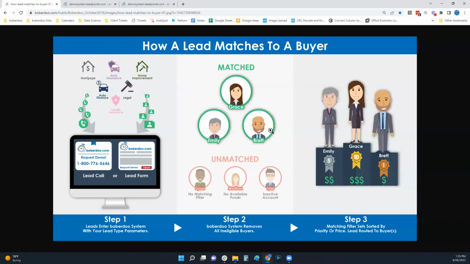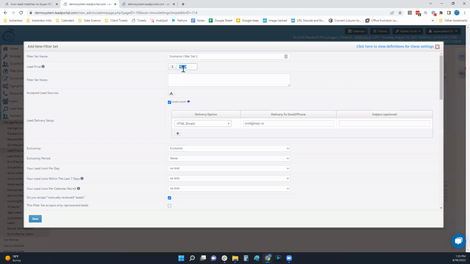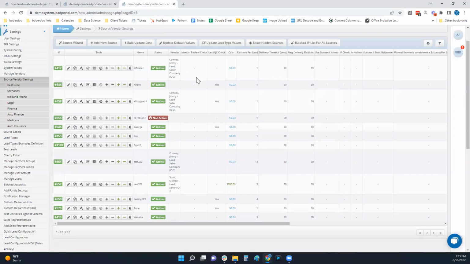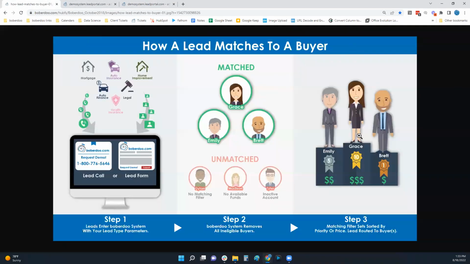So in the next revenue scenario, let's say there is another exclusive buyer at $9. So when we recalculate it, we then find a new filter set that matches at $9. We then advance to step 3 again, and then route the lead to that next best revenue scenario.